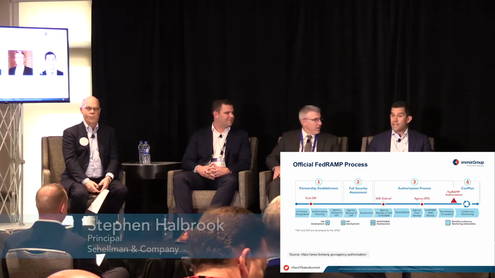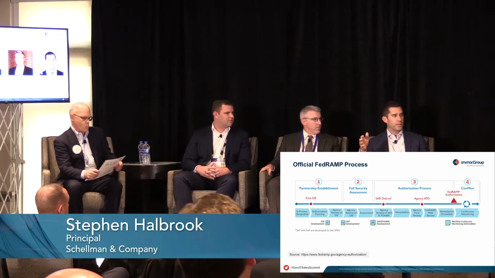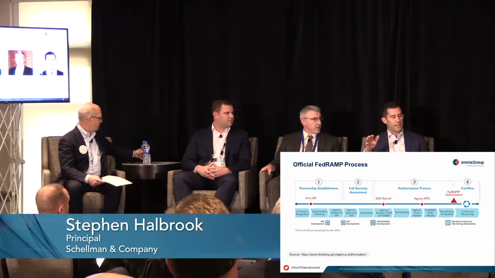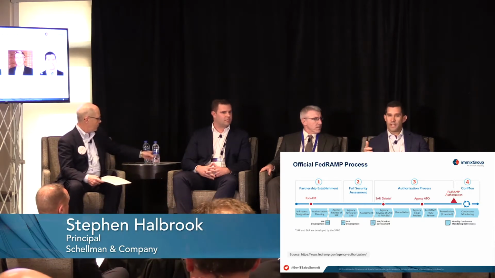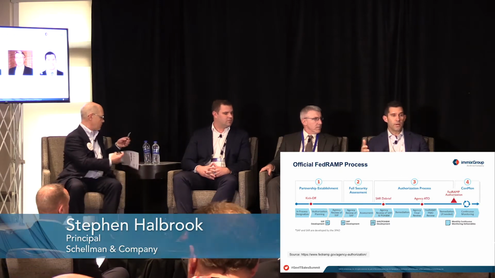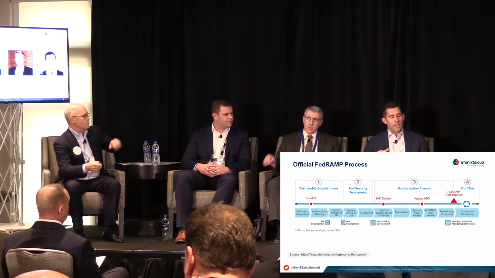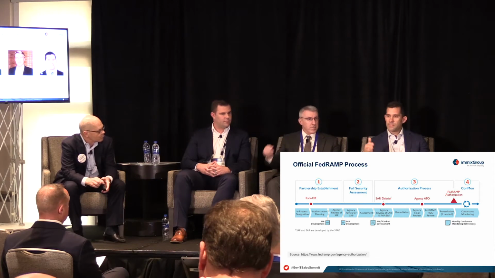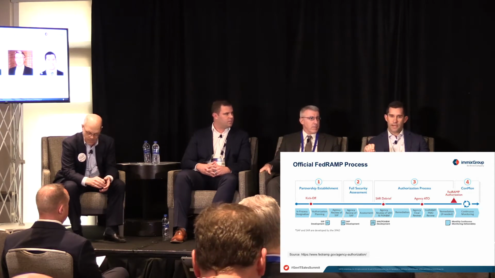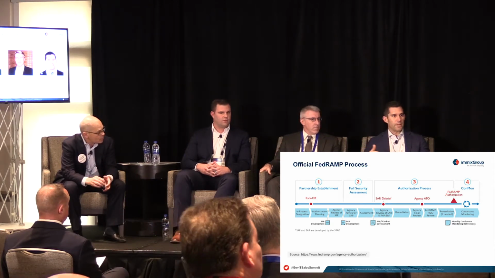Great. Like Steve said, we're going to start with the end in mind, and the end really is that authorization recommendation, or that ATO. To provide some context here, I'm speaking about the agency-sponsored path and from an application perspective.